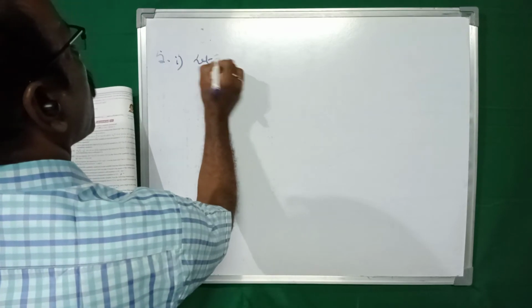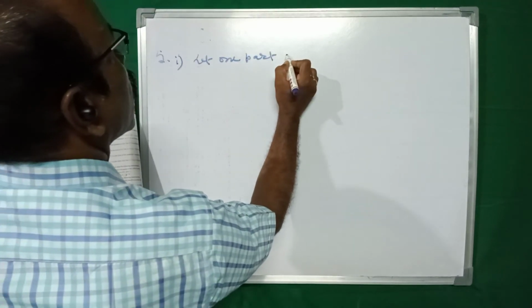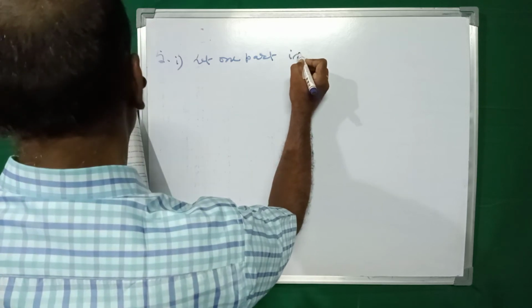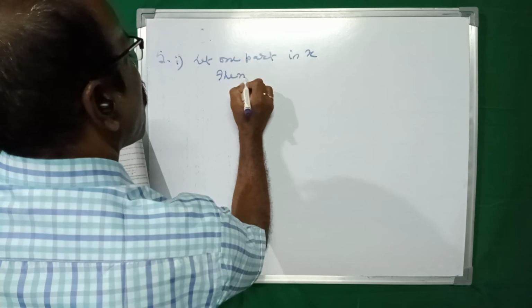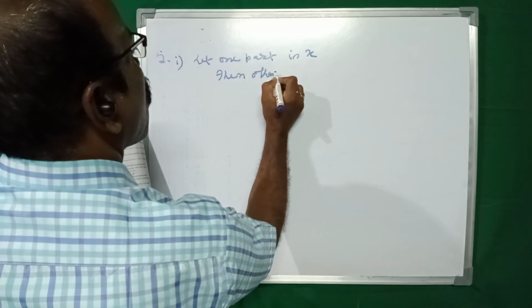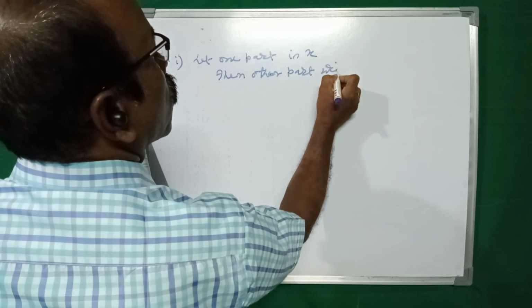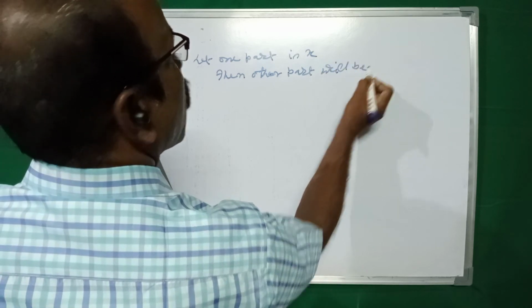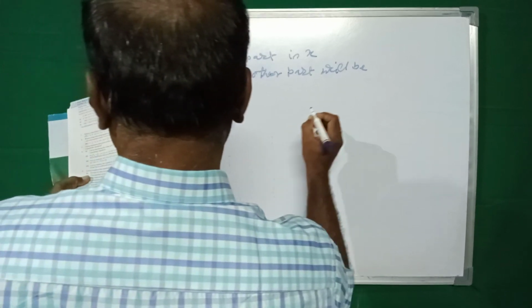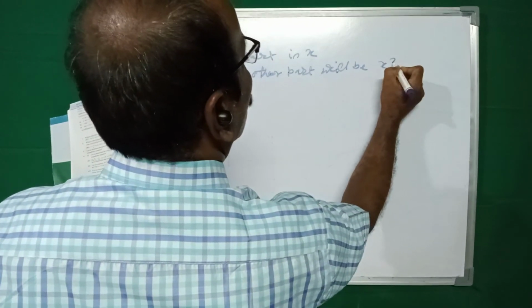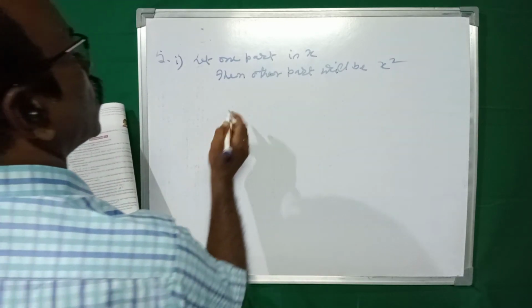Let one part be x, then the other part will be x square.